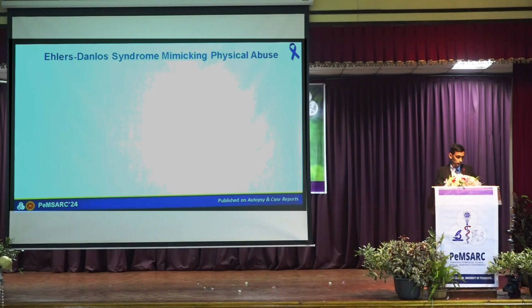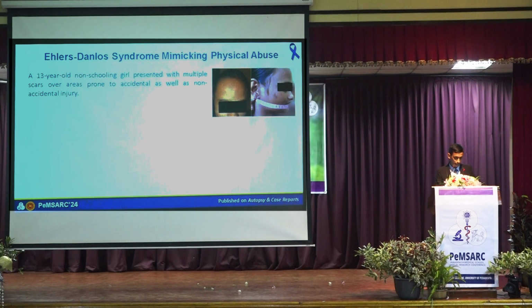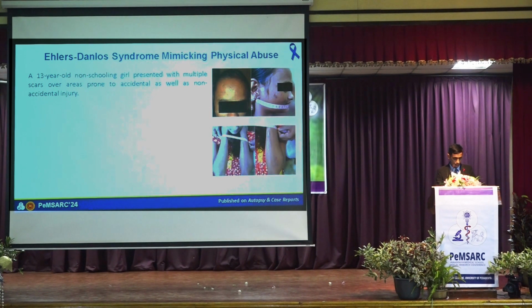Then, Ehlers-Danlos syndrome. A 13-year-old non-schooling girl presented with multiple scars in accidental and non-accidental areas, as you can see in this picture. There were scars on the face and the upper limbs.